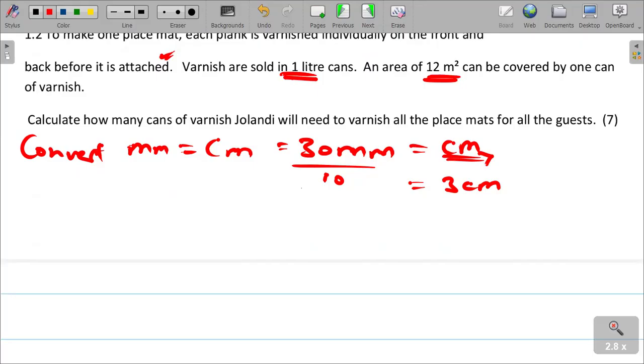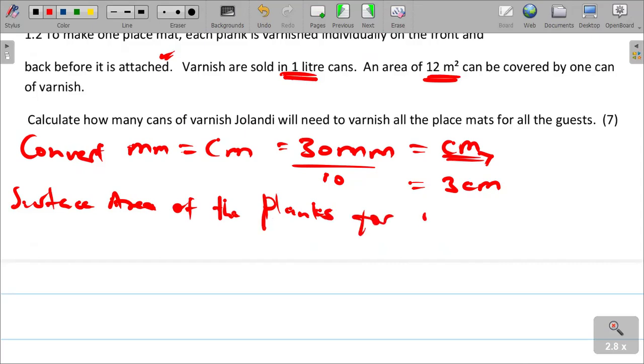We need to calculate the surface area of the planks for 1 mat. How do we calculate that?